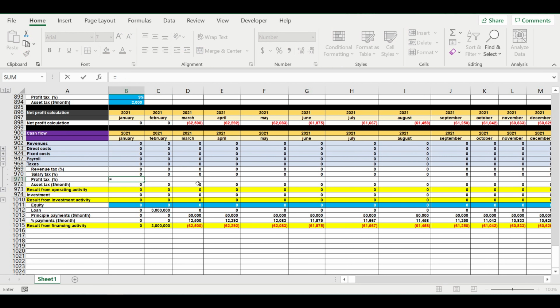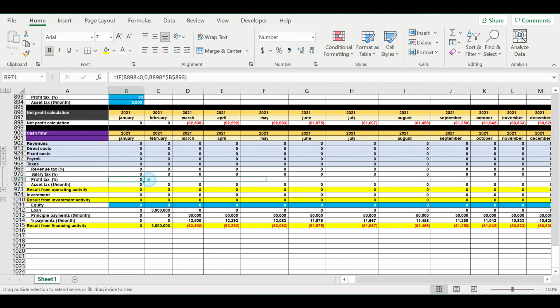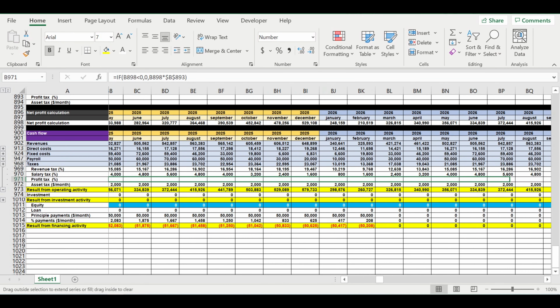Then we will create the formula for profit tax. Then we will extrapolate this formula.